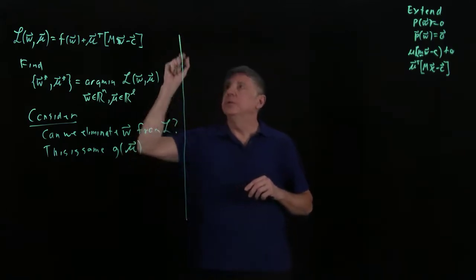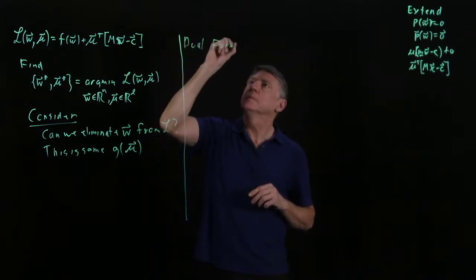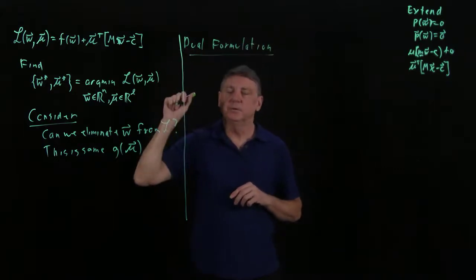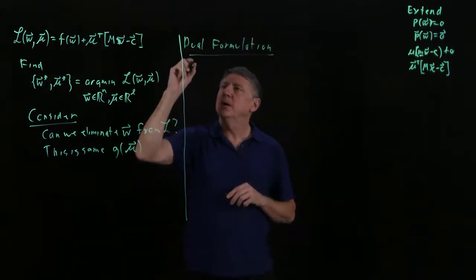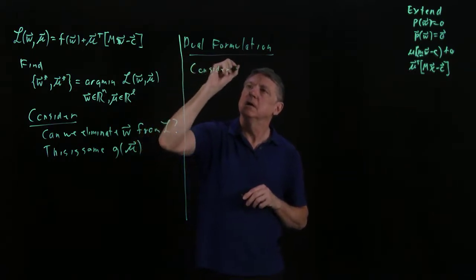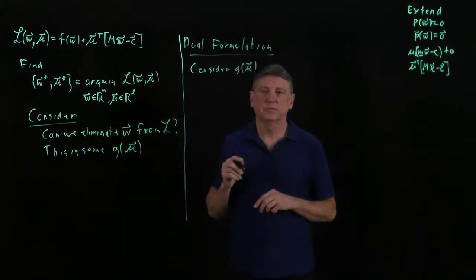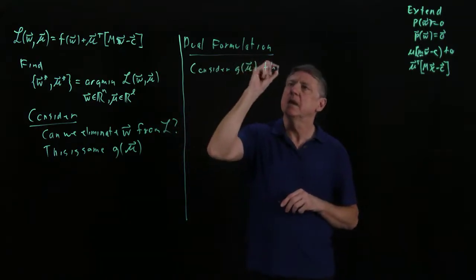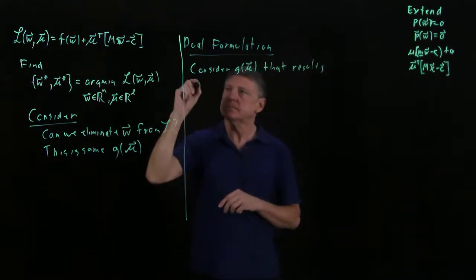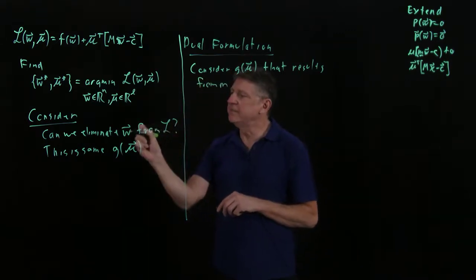So the dual formulation is this. We will consider a function only of the Lagrange multipliers, and how do we eliminate w?